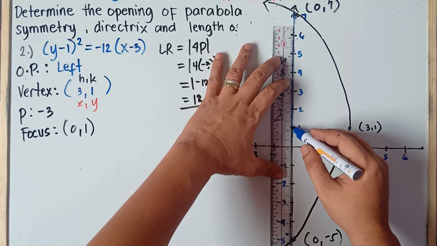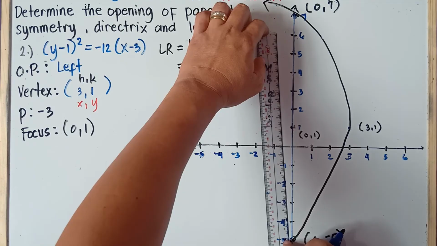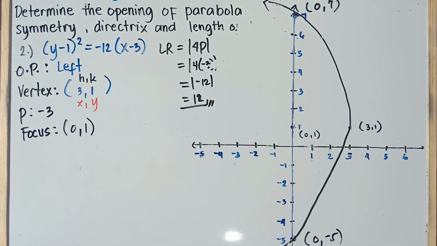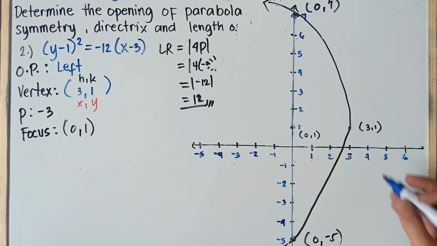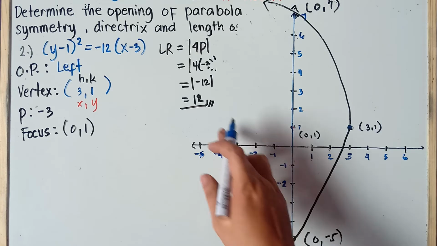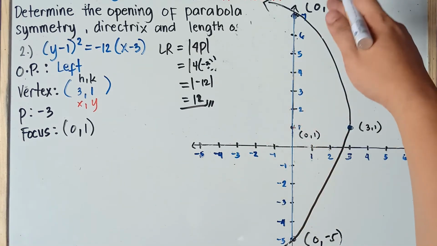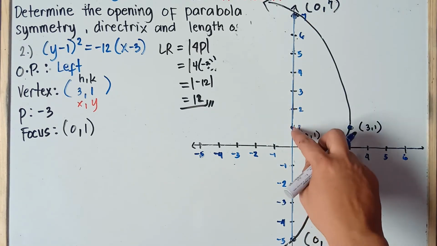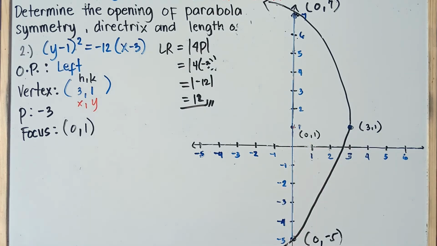Okay, from the focus, of course. That's it, class. Okay, so this will be our vertex here. Do not forget, this will be our vertex. And this will be the length of the latus rectum. That's 12 units. 6 units upward starting from the focus, and then 6 units downward starting from the focus.